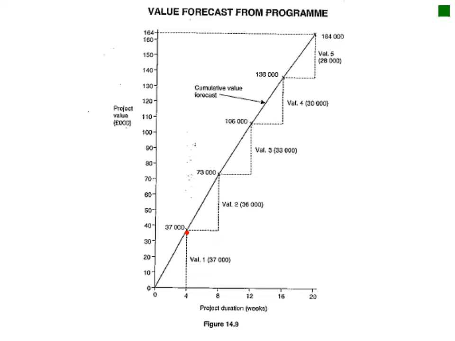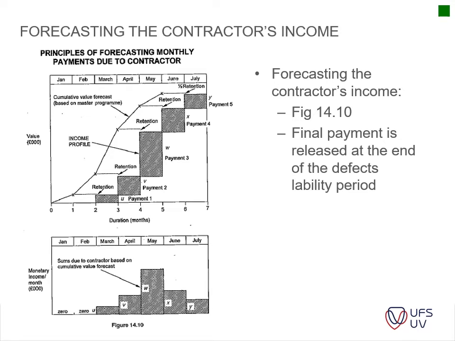It's 37,000, 73,000, 107, and then 136, and then 164. So your cumulative value forecast. Remember, I've been talking now about your cash flow and outflow and so on, but this is actually applicable to your cumulative cost of the project. Okay, you'll understand that a little bit later.